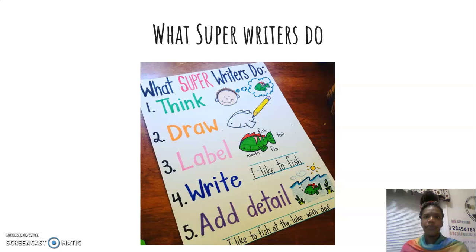What do super writers do? Well, we already know the process that we need to take when we are trying to write something that is going to be very engaging to our readers. So we need to think about what we want to write. Then we automatically find what we're going to write in our minds.